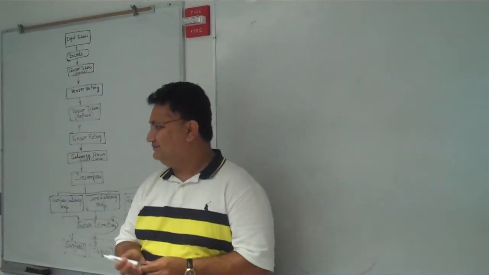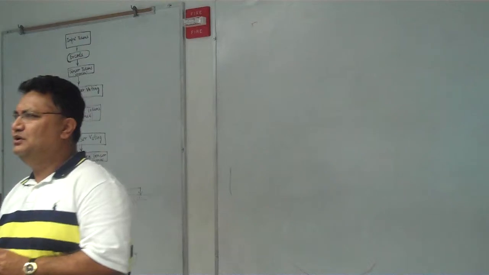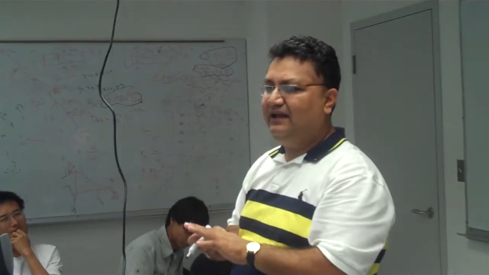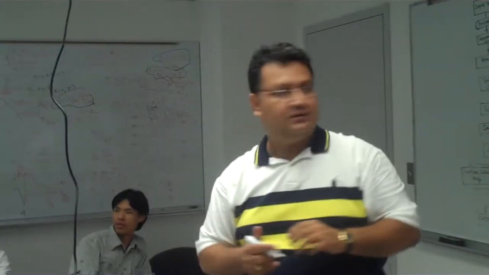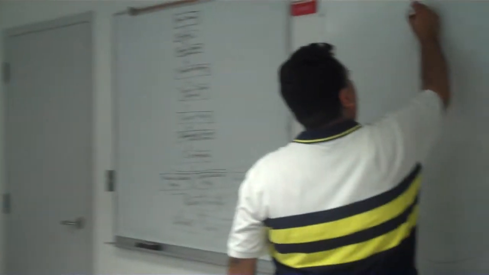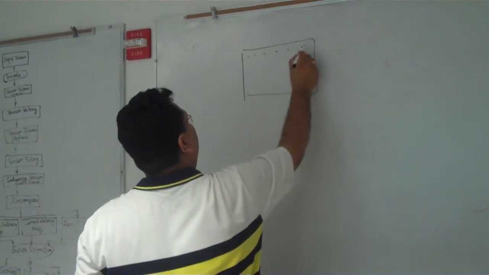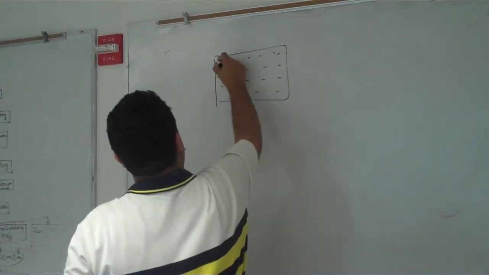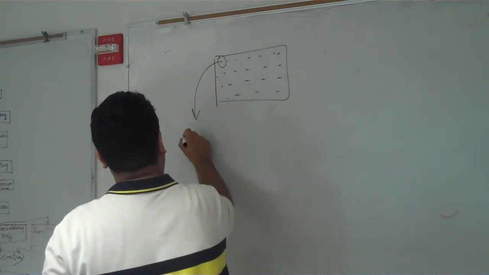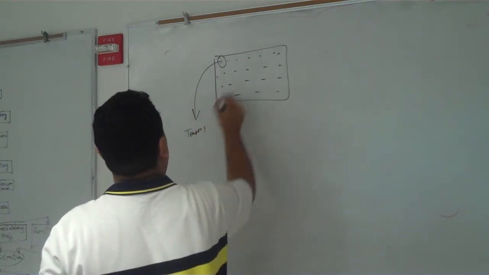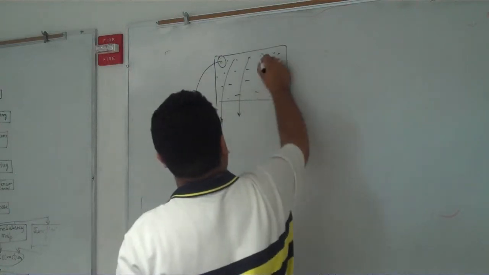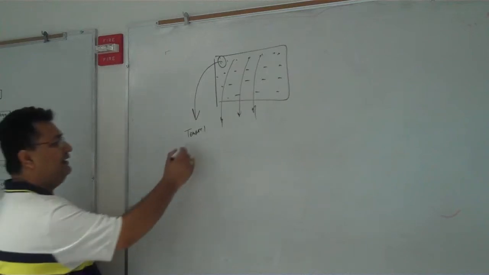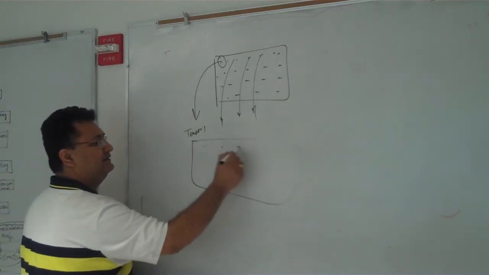Tensor voting, as I told you, is like you are receiving a picture, an image. Whatever image you are getting, if you convert each token into a tensor, say tensor 1, tensor 2, tensor 3, tensor 4, then you will get a group of tensors.